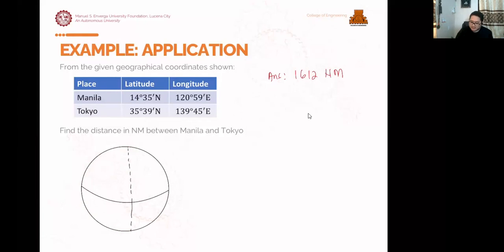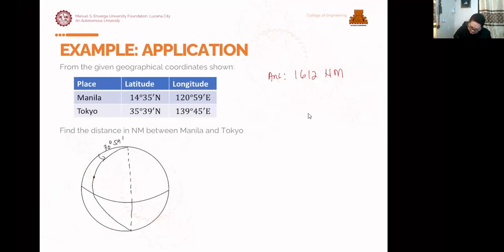No? So, ibig sabihin, si Manila, pwede natin i-present somewhere dito. Okay? So, somewhere dito, magiging minus 90 degrees. So, magiging 30 degrees, 59 minutes, and si Manila. Pero yung location na sa latitude, 14.